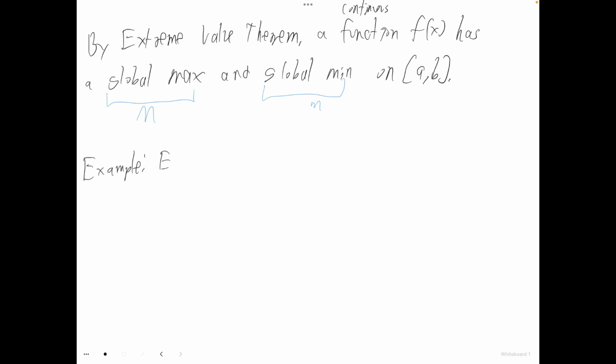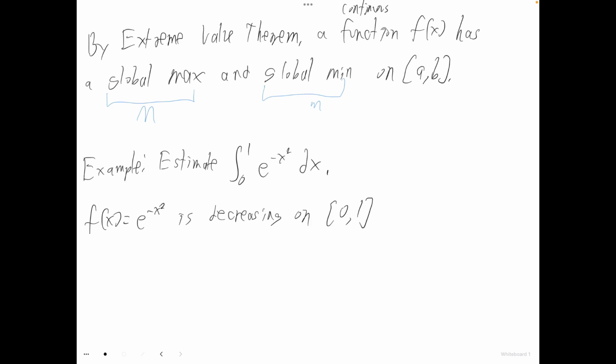So we want to estimate the integral from 0 to 1 of e to the minus x squared dx. Okay, so we're just going to try to get bounds on this. So the function f of x equals e to the minus x squared is decreasing on 0 to 1. This isn't too hard to see.